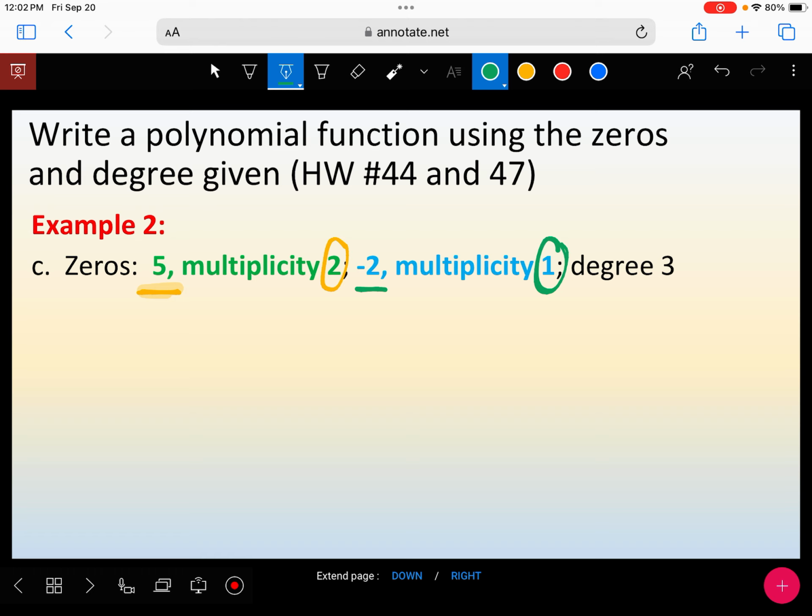So it's odd, so we have no side. If it was 4, we would have a multiplicity of 2, another side, because it added both of those.